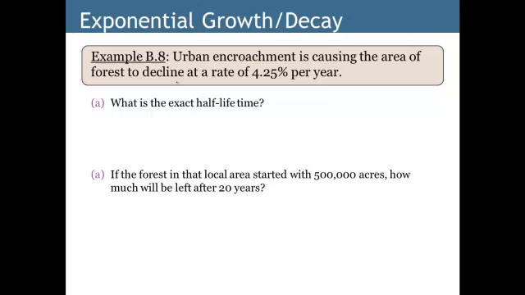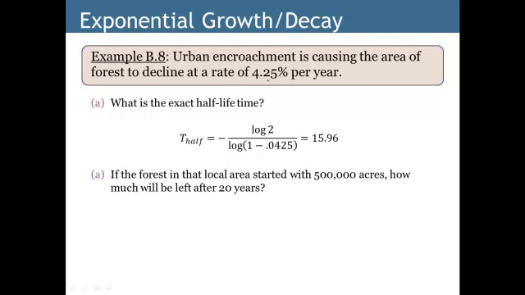So let's do an example here. What is the exact half-life time? You have urban encroachment causing a forest to decline at a rate of 4.25% per year. So let's put it in that formula. Minus log of 2 over log of 1 minus 0.0425.